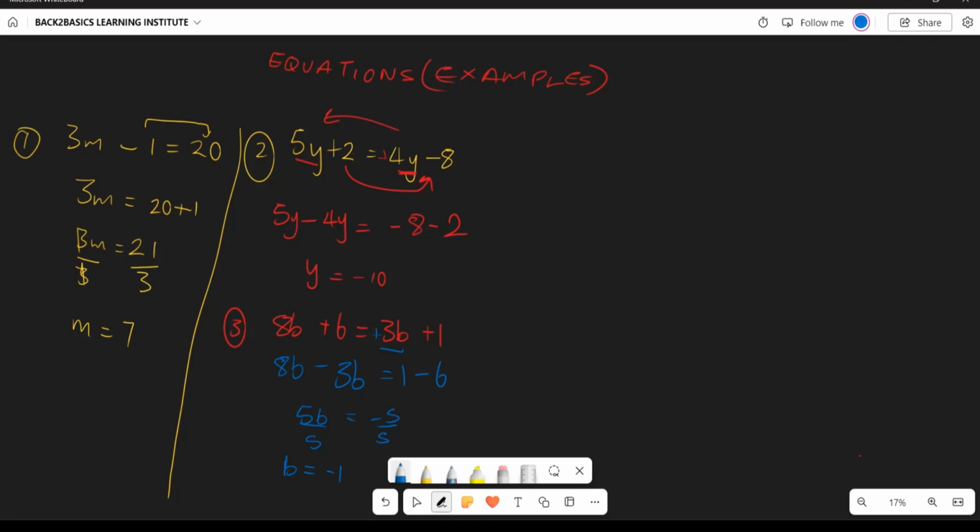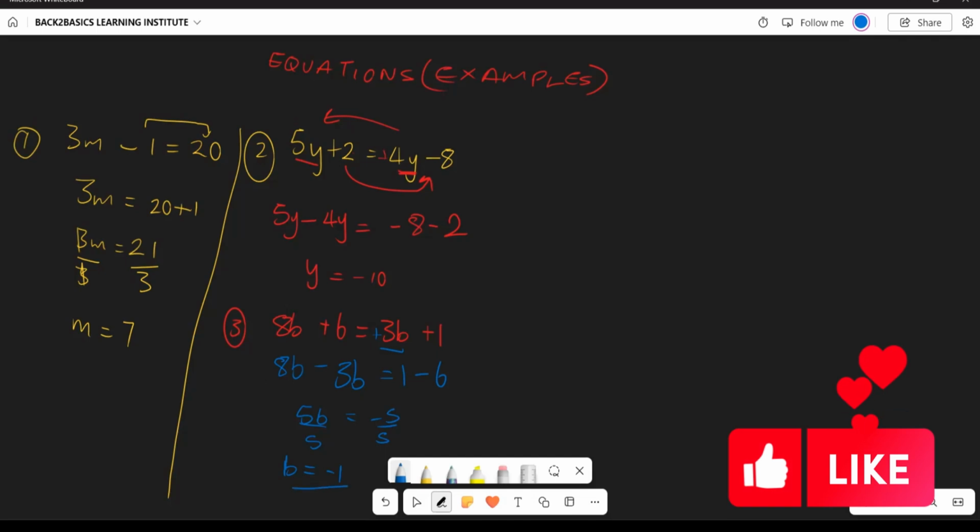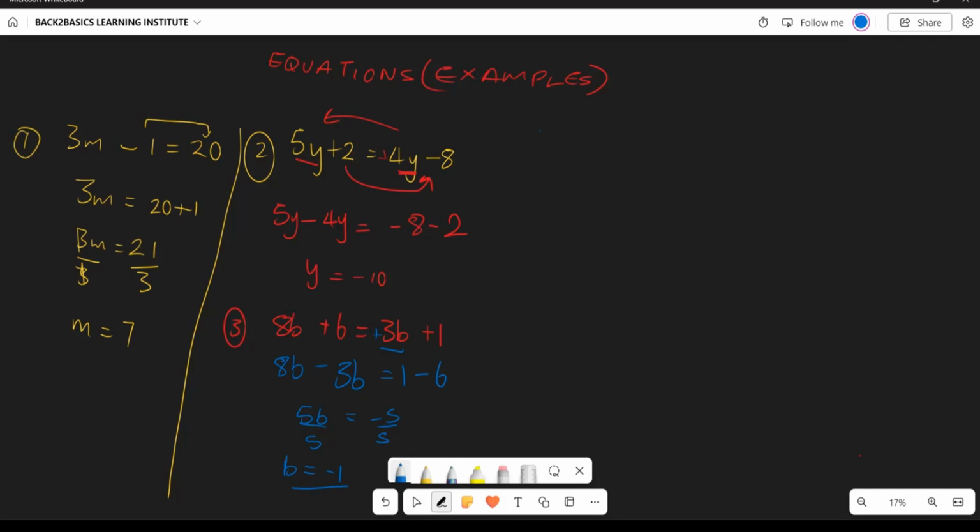Are we together? Now, let's say after you have solved this one, the question is: is b equals to negative 1 a solution for the following equation?